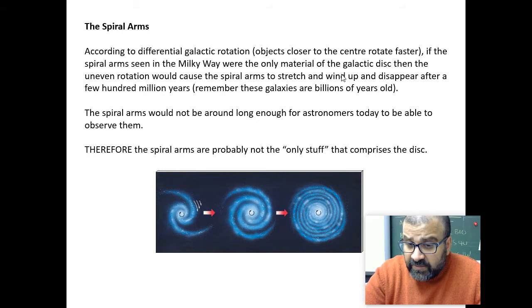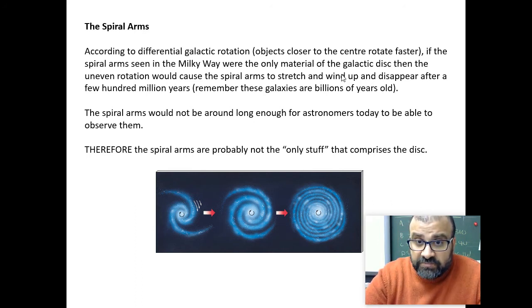These spiral galaxies that we look at in the night sky are billions of years old. If the spiral arms were made of just stars, and that's what formed them, there would be no spiral galaxies left.